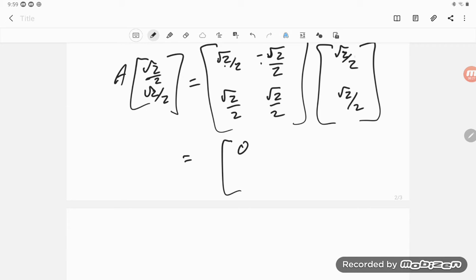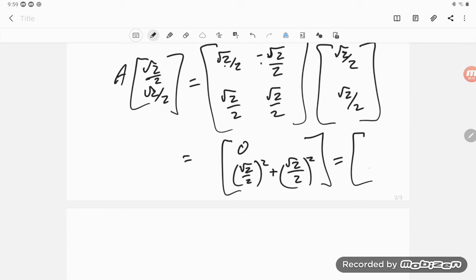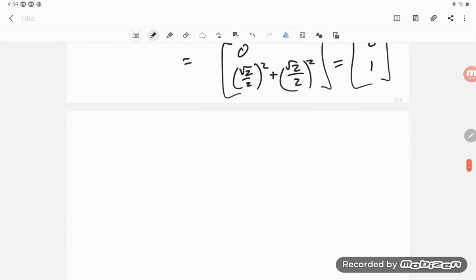And then for the second row times that column, I'll get square root of 2 over 2 squared plus square root of 2 over 2 squared. But that is just 2 over 4 plus 2 over 4, so I get 1. And so that's the vector 0, 1, but that's correct, right? Because what we did, we started here at 1, 0.